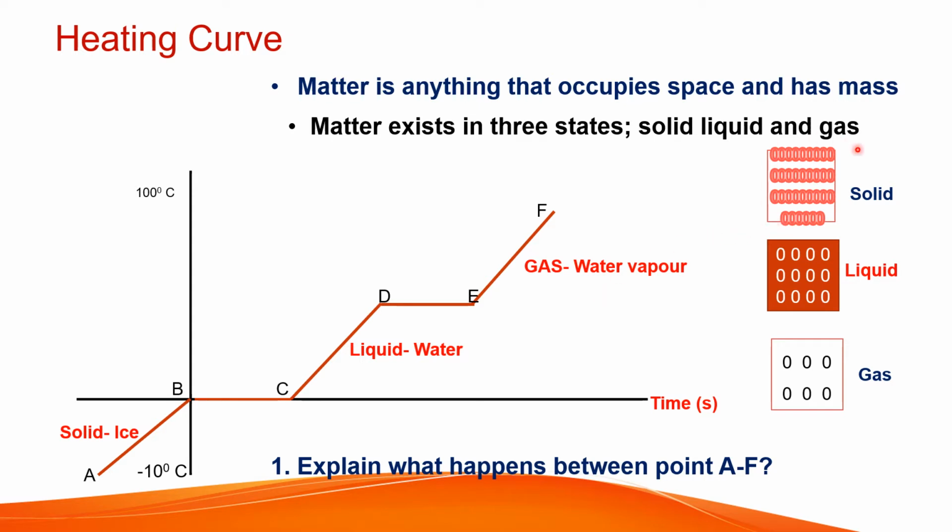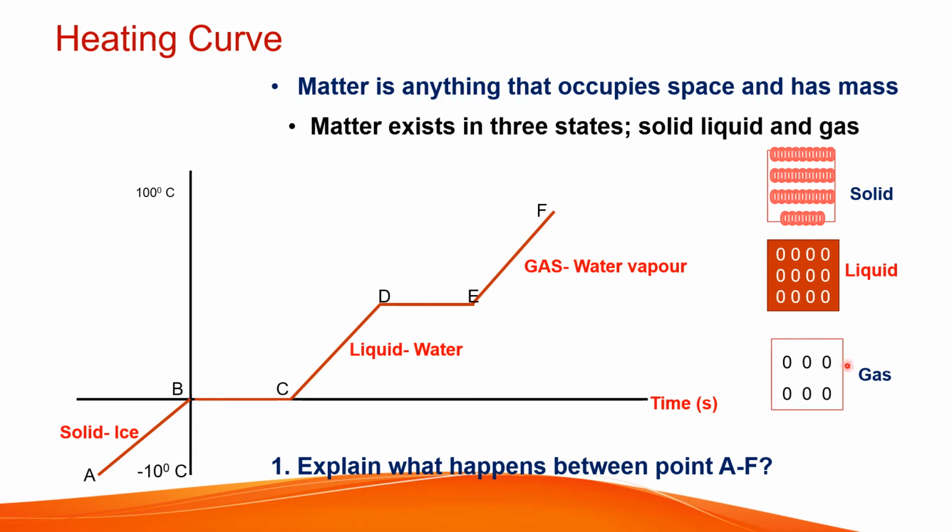As you can see here, solid particles are close to each other, and when they are heated, they vibrate about the mean position. Liquid particles are further apart. They have a large intermolecular distance, but gases have larger intermolecular distance than liquids.